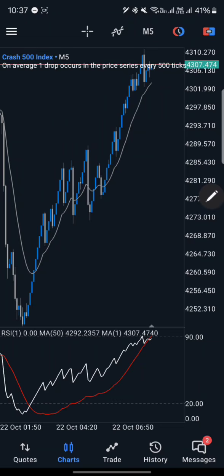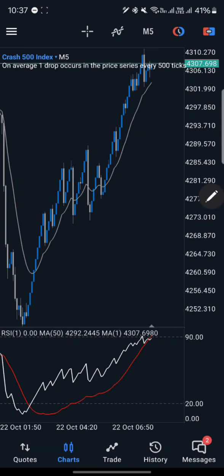Now, just looking at the strategy, you guys would have already figured out how to use it. I'm just going to explain it to you. So over here, when we see this moving average, let me just change the color. When we have our moving average on our main chart, like I said, this shows us the direction.